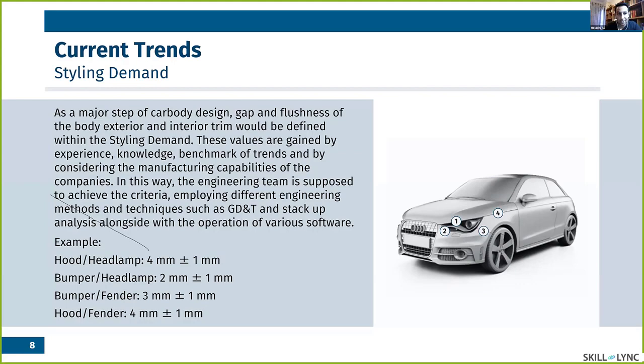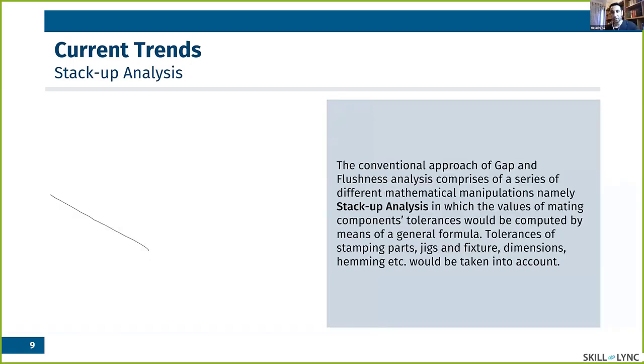Okay, now let's speak about a really important and crucial concept, which is named stack-up analysis. During the conventional approach of gap and flushness analysis, we have a series of different mathematical manipulations named stack-up analysis, in which the values of mating components' tolerances will be computed by means of a general formula.